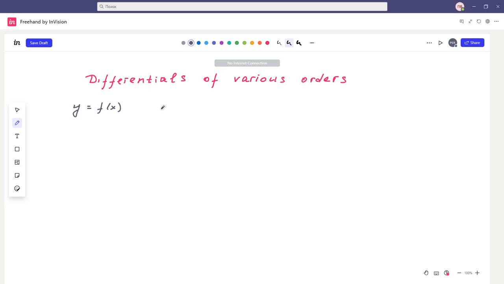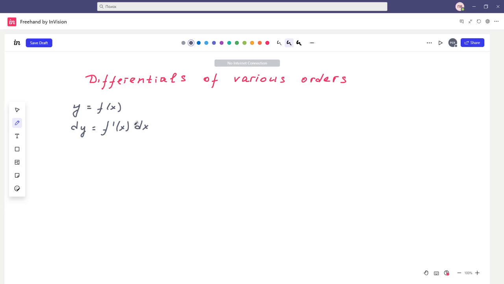The differential of this function dy is f prime of x times dx, some function of x, but only the first factor f prime of x can depend on x.